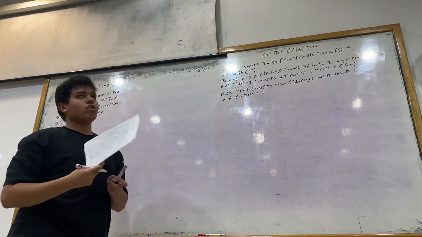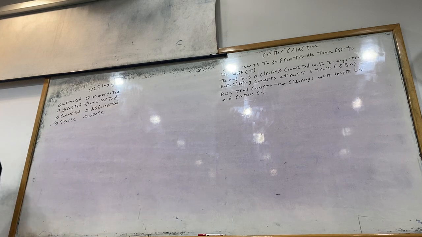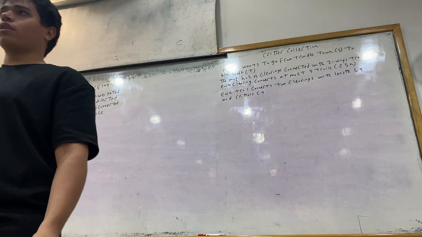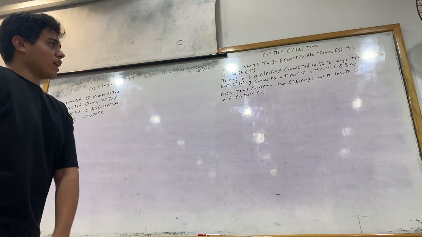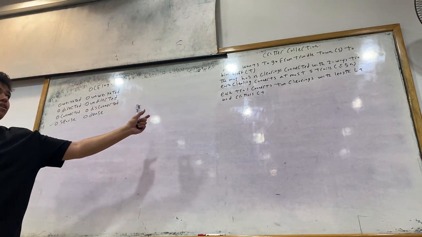Okay, it tells you each trial or each road connects two clearings. Who are the clearings and who are the trials? The clearings are considered vertices, right? While trials are the edges that allow me to go from one vertex to another one. Right? Okay. He tells you with length LT and craters CT.